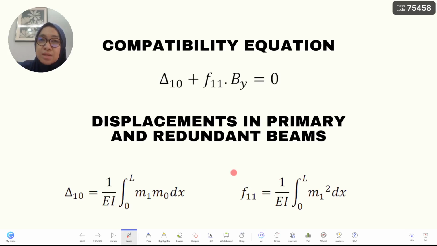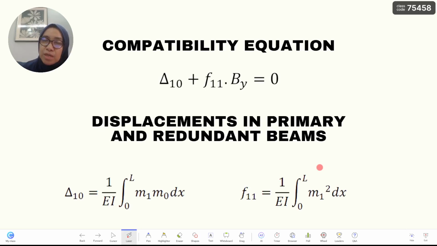So we have two systems: one is the primary structure, another is the redundant structure. Always remember, the symbol naught always represents the primary structure, and the other is the redundant structure.